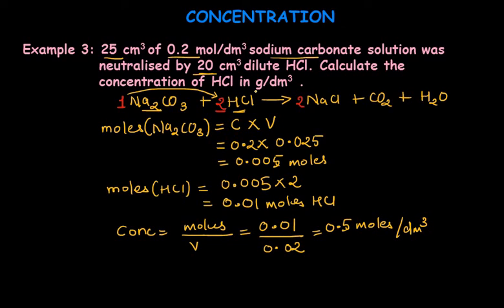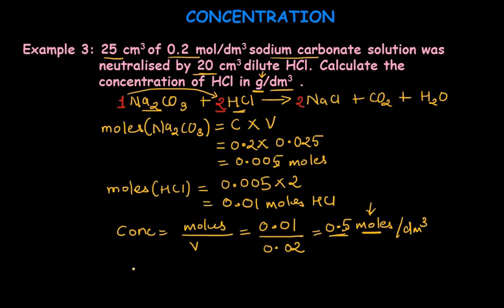But we need to calculate our answer in grams per dm cube. So we need to convert the unit moles into mass, that is grams. So let's now change the moles, that is 0.5 moles, into mass, in grams.